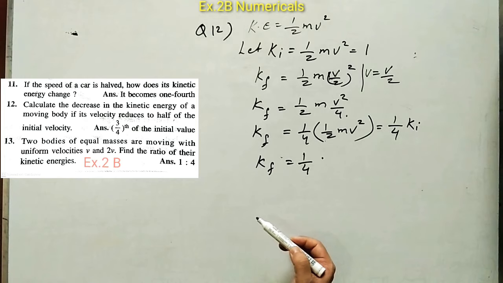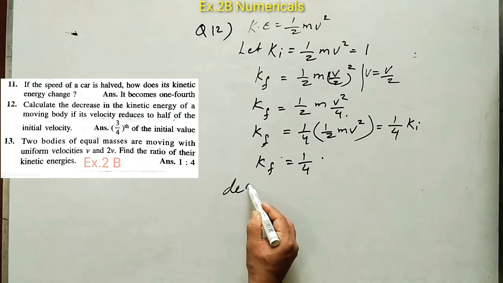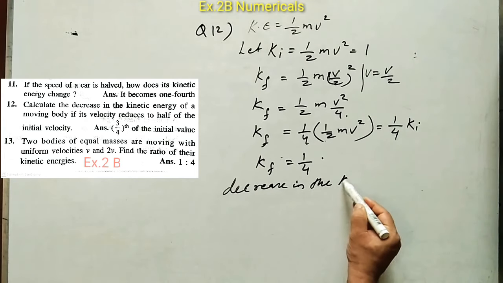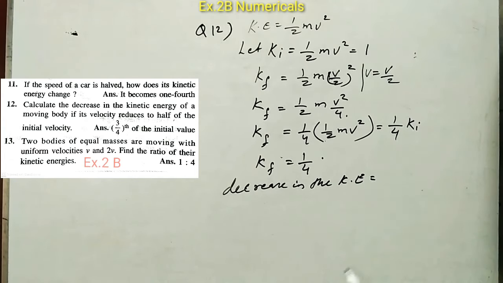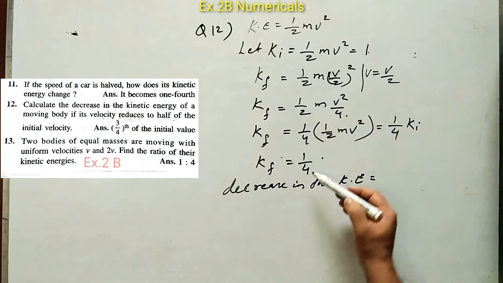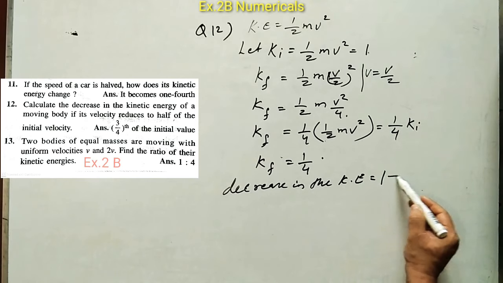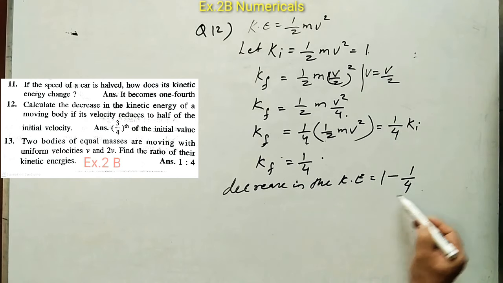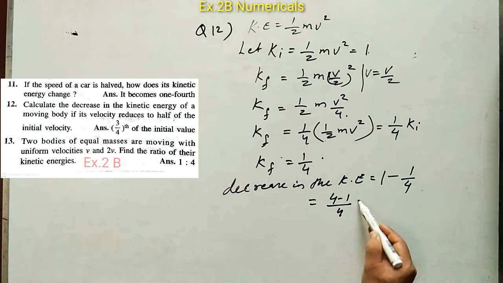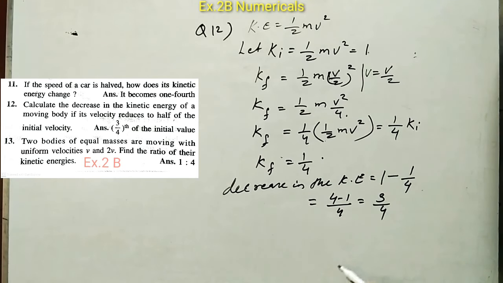Here what you have to find out is the decrease in the kinetic energy. So I can write decrease in the kinetic energy is equal to the difference between initial kinetic energy and final kinetic energy. That is 1 minus 1 by 4, that's equal to 3 by 4.